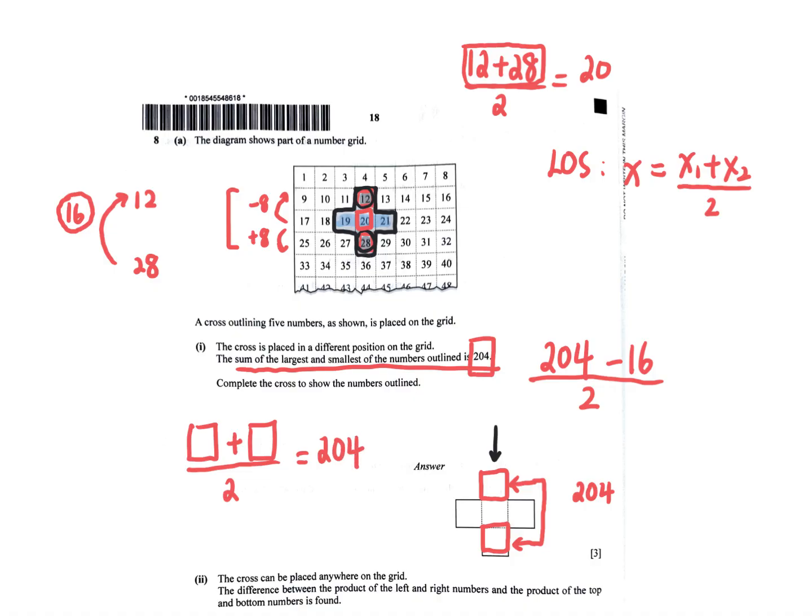So I cannot decide on those two numbers unless I know the difference between these two numbers. Maybe we can see it like that. If this is x, this number here is x plus 16. Correct? Can you all see that?